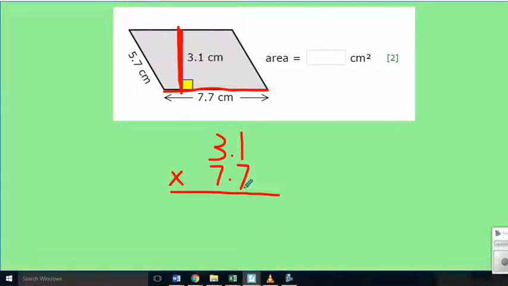Okay, so you just ignore them and do it as you normally would do it. So let's start with here, the ones. Okay, so we've got 7 times 1, which is 7. 7 times 3, which is 21. Don't forget to put your 0 down. And why put the 0 down? 7 times 1, which is 7. 7 times 3, which is 21.